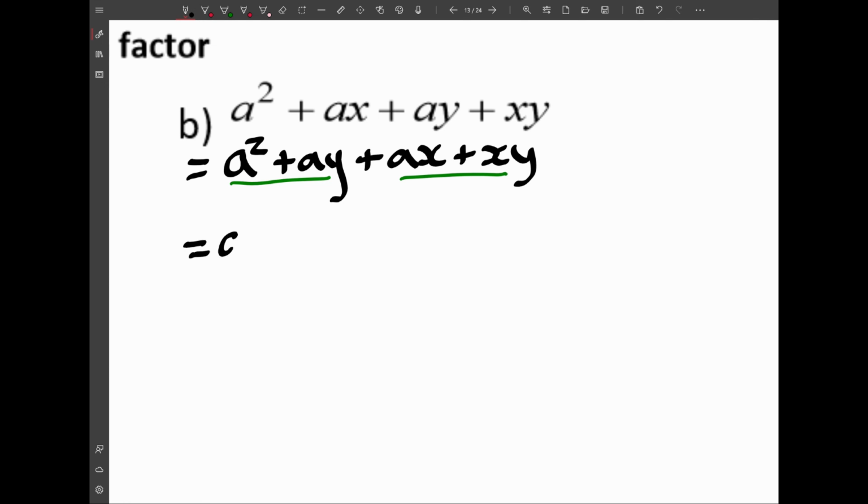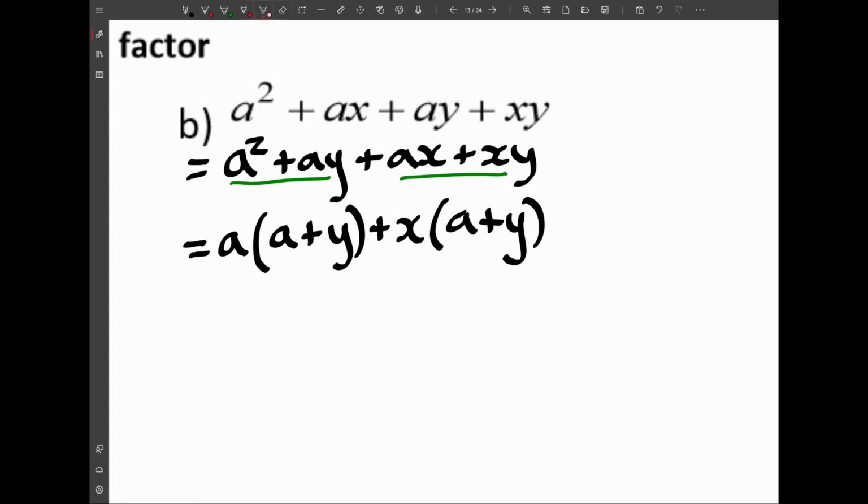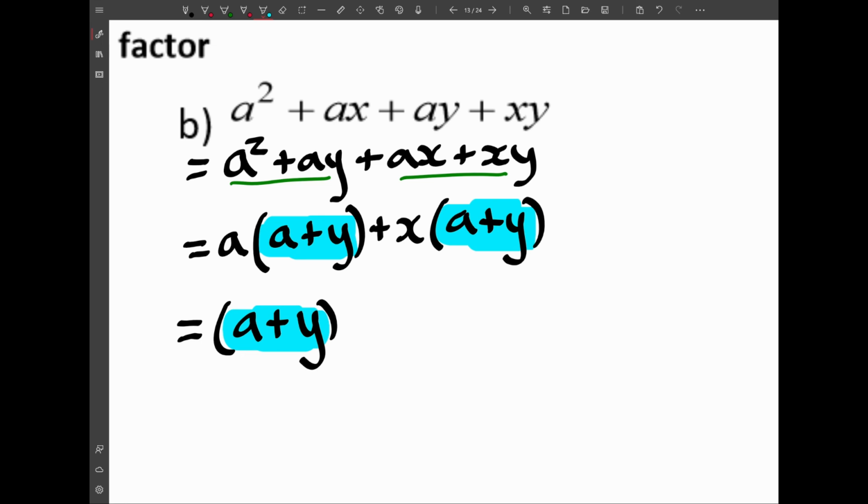So a squared and ay have an a in common, and that leaves me with a plus y. Ax and xy have x in common, and that leaves me with a plus y. So now I have my common a plus y in each of these, and I have what's left over, a and positive x. And there we go, fully factored.